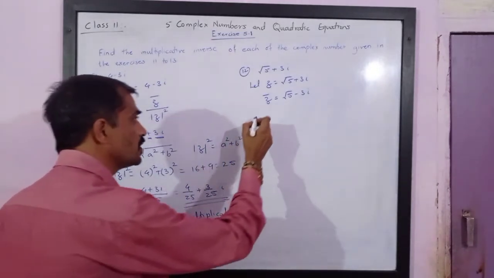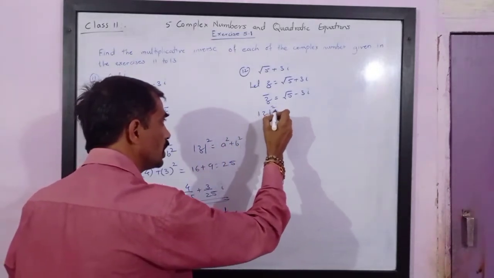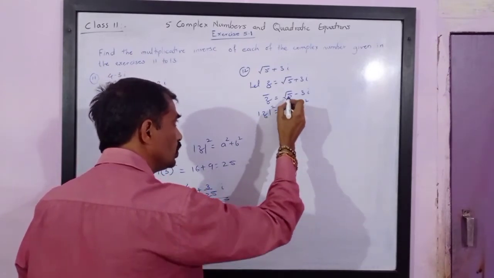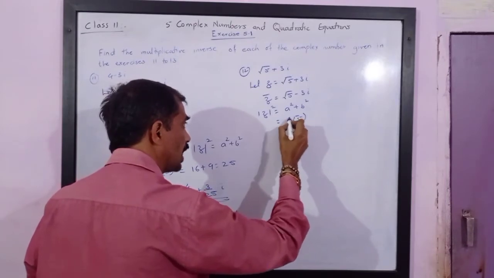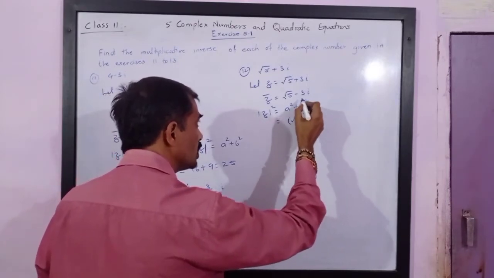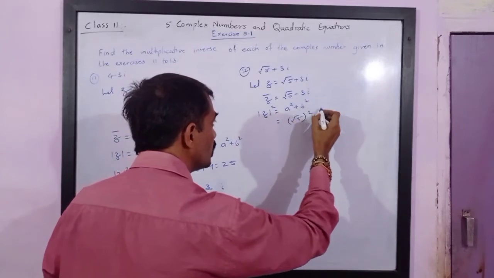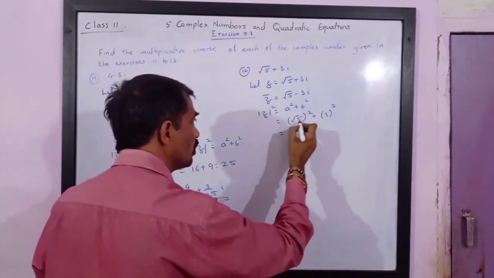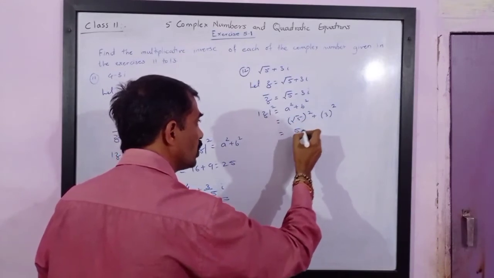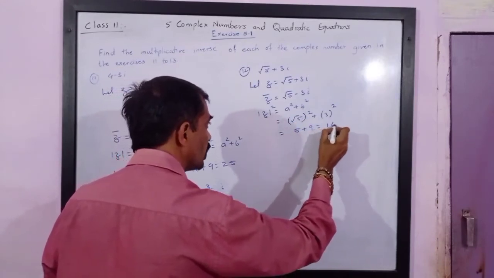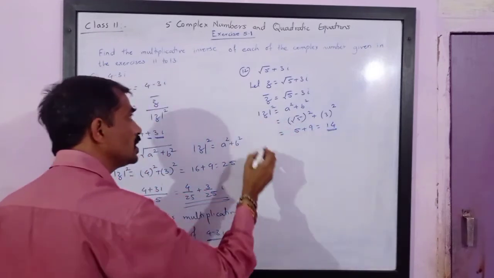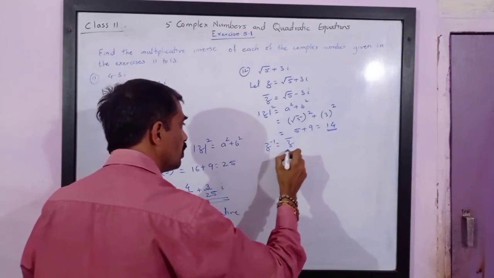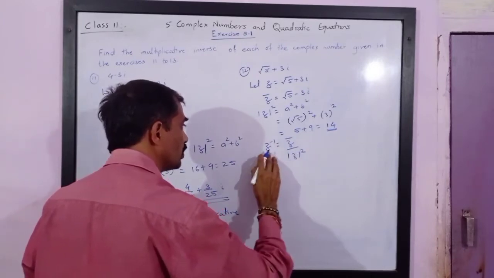And modulus of z square is equal to a square plus b square, that is equal to root 5 bracket square plus 3 bracket square. So this is equal to root 5 square is 5, plus 9, that is equal to 14. Now it means z inverse is equal to z bar upon modulus of z square.